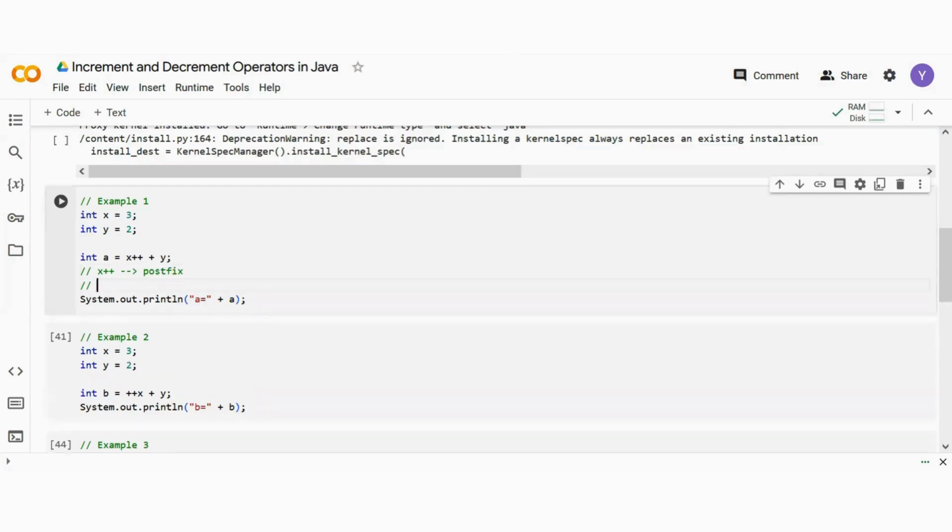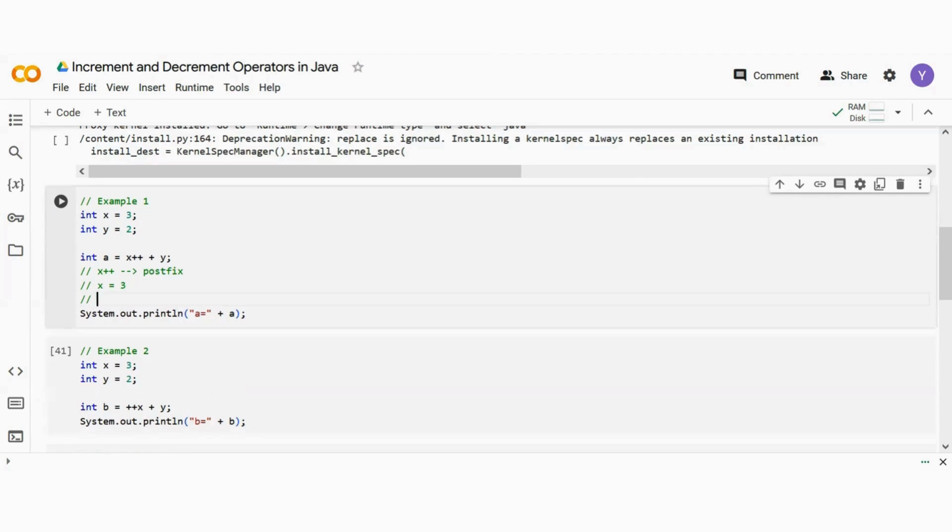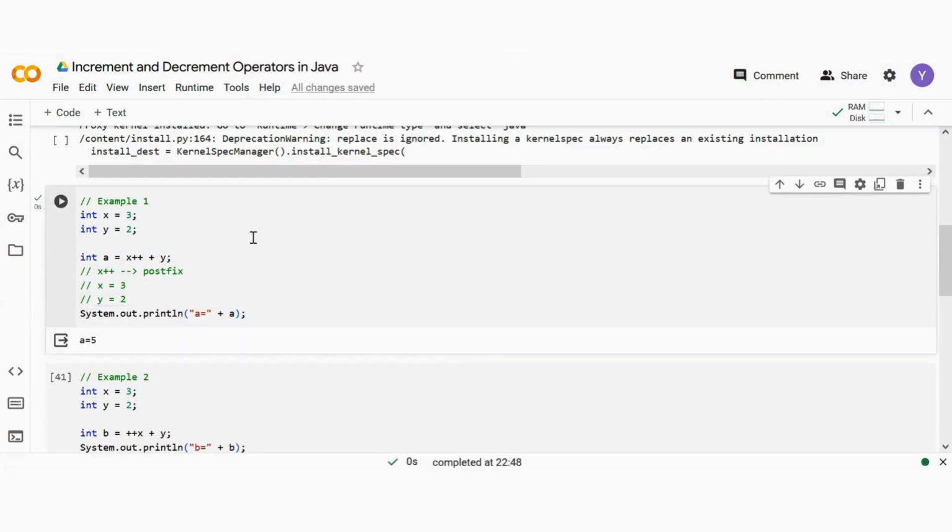So my x here will still be 3 when I do the evaluation. Then my y is equal to 2 as declared earlier. So a is equal to x++, where my x is still 3, 3 plus 2, that should be 5. Let's run it to verify. So I get a is equal to 5.